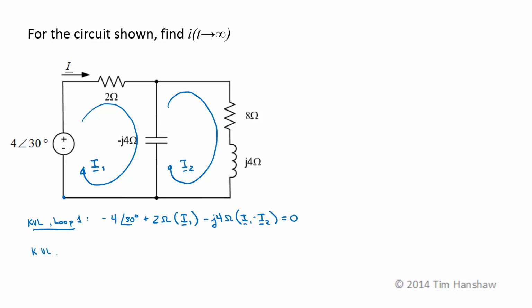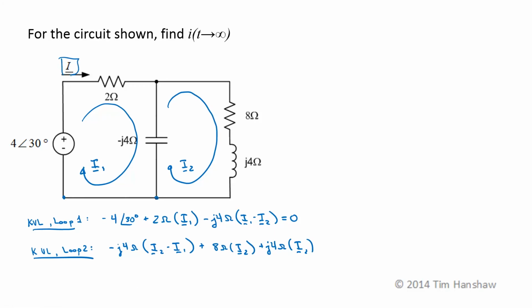Now KVL around loop 2, if I start down here, I have a minus J4 ohms times the sum of the mesh currents, which is going to be I2 minus I1, if I use the mesh current that I'm following for my sign convention, plus 8 ohms times just I2, which is the only current going through that element, plus J4 ohms times just current I2, which goes through that element.